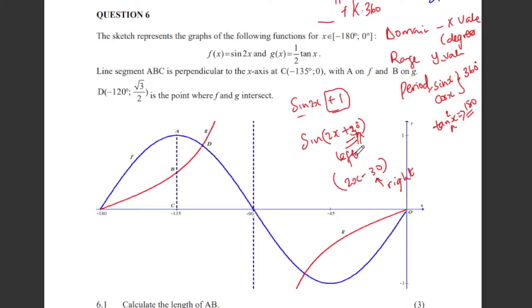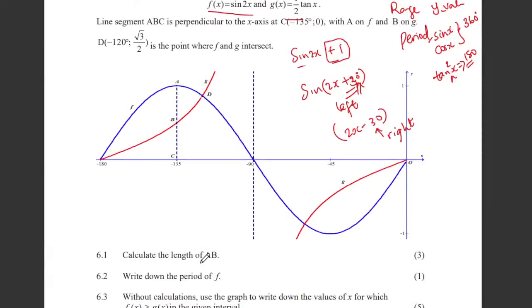Okay. Then remember we said sketching, at least know how to sketch, and then answer what comes after. So in this case, we have f of x as that, and then g of x is that. It's a line segment at point C and so on, and then D is that. Now, they want us to get the length of AB.